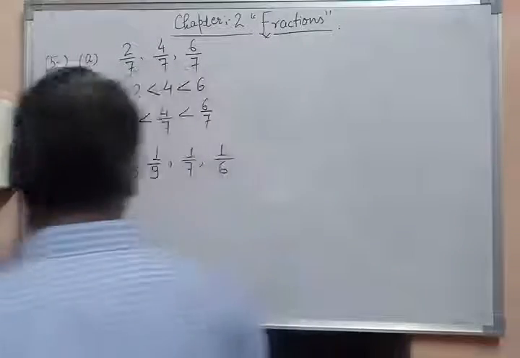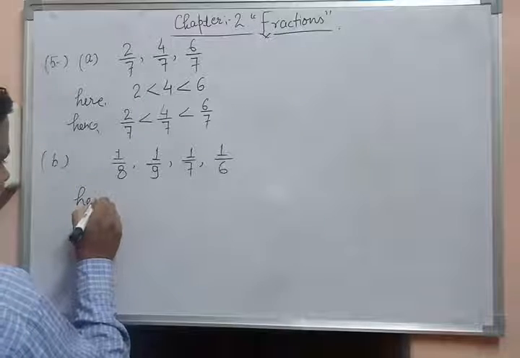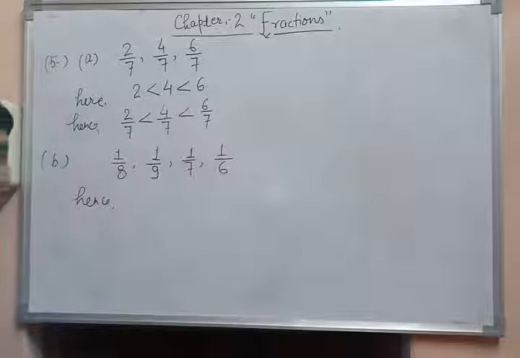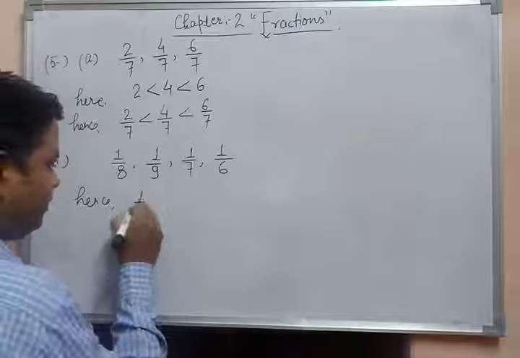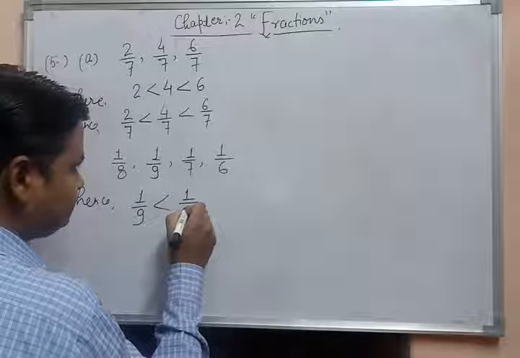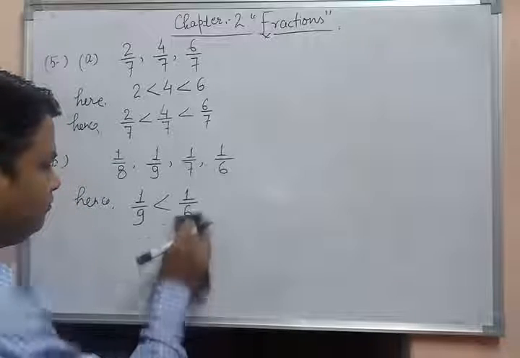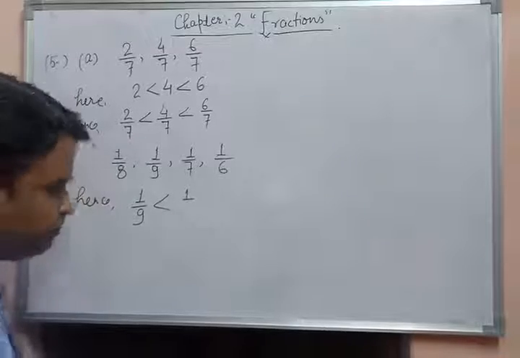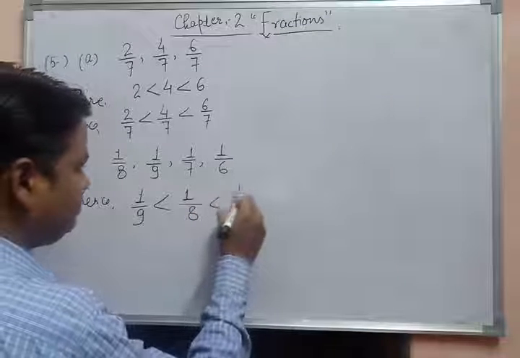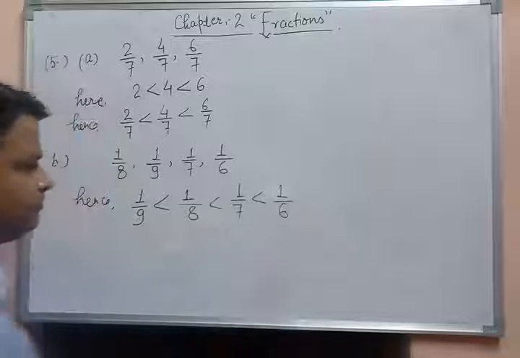So here, how can we write in ascending order? 1/9 is the smallest. After that 1/8, after that 1/7, and last you have to write 1/6.